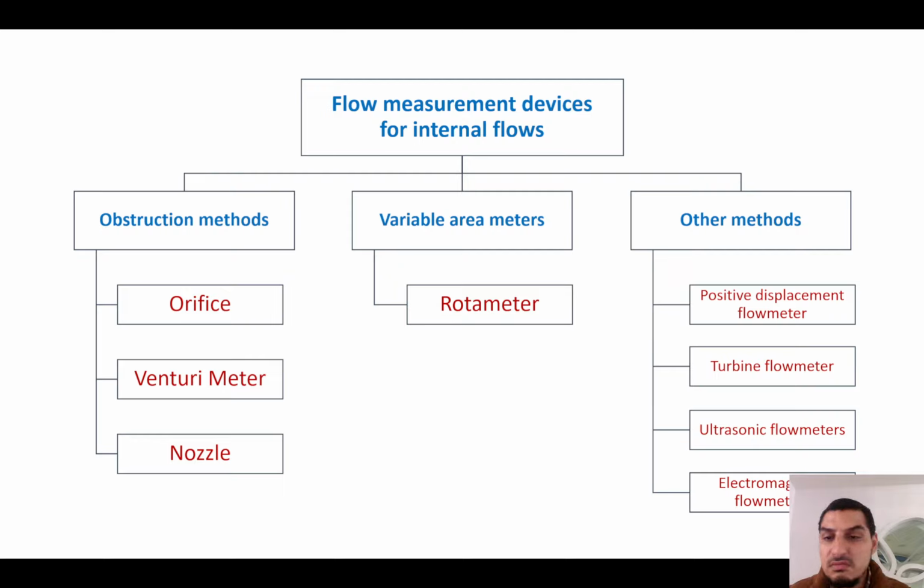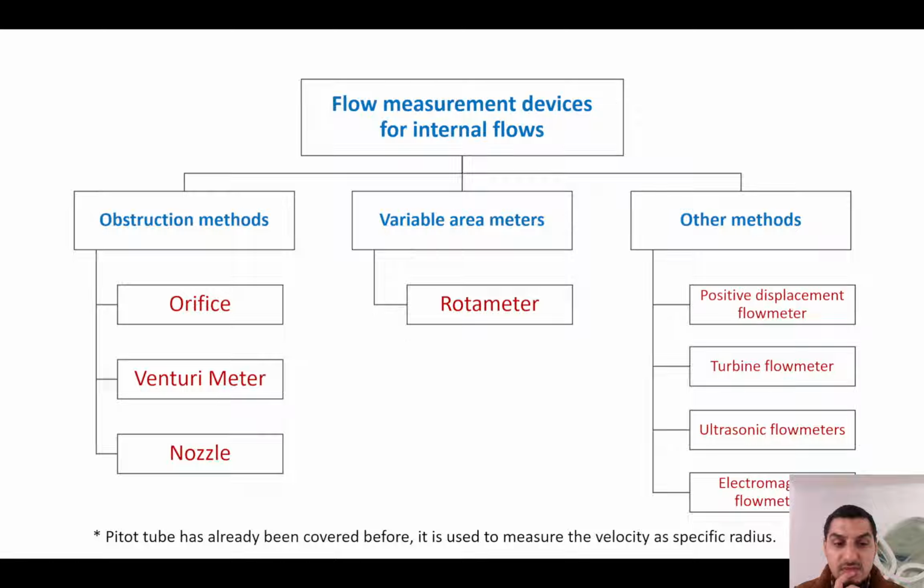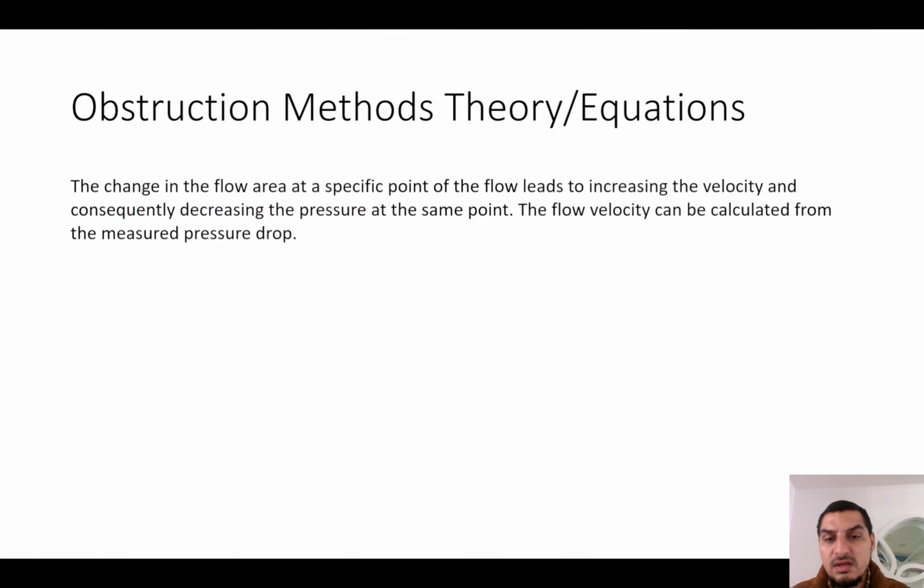There is one other device, by the way, the pitot tube. We already discussed it before. But the pitot tube doesn't measure the flow rate. It measures the velocity at a specific radius. And we can use the pitot tube to measure the flow rate, and maybe we can discuss it after we finish the obstruction methods.